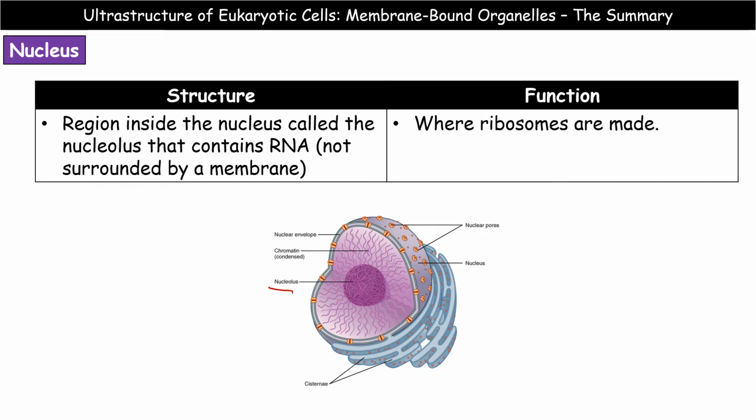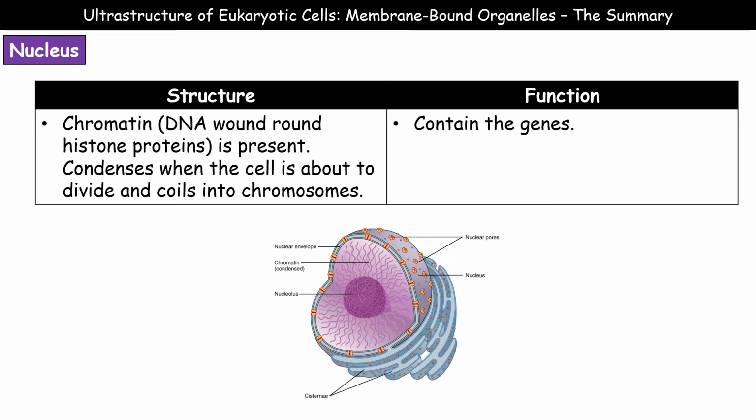It's not always found in the middle, and this diagram does have it in the middle, but it's not always in the middle of the nucleus. So in microscope images, you're looking for a little darker region, and even on the diagrams you can see it's just shaded in a little bit darker. In terms of what happens in our nucleolus, that's where the ribosomes are made, and ribosomes are going to be very important in terms of our protein synthesis, which we'll look at later.